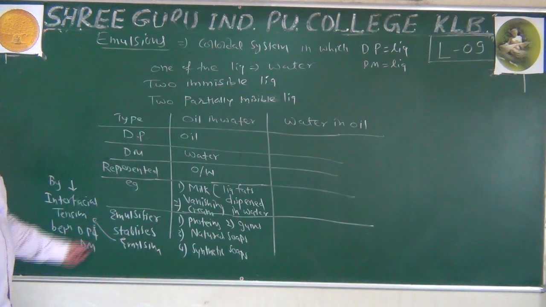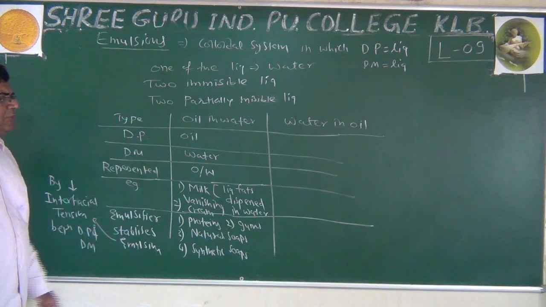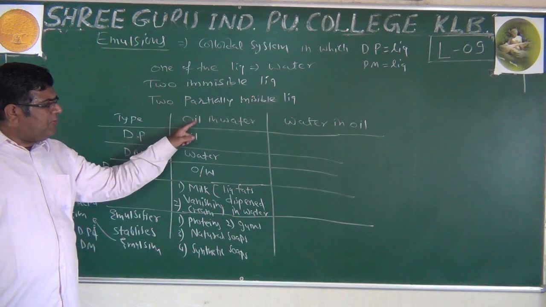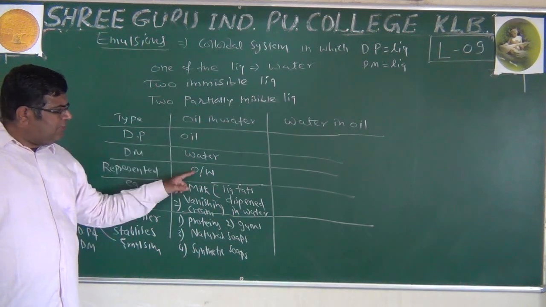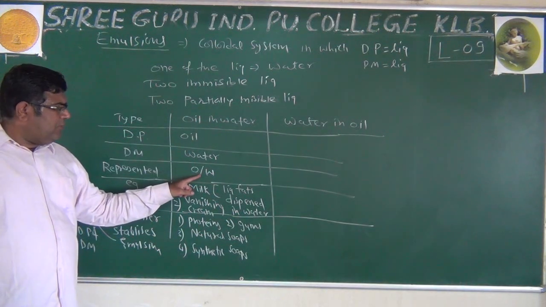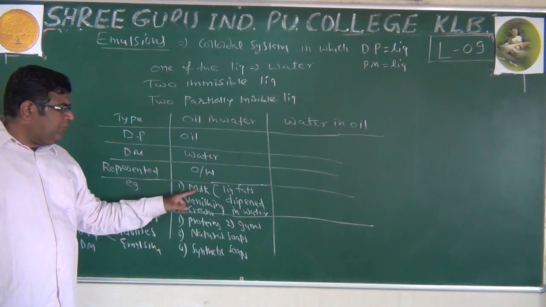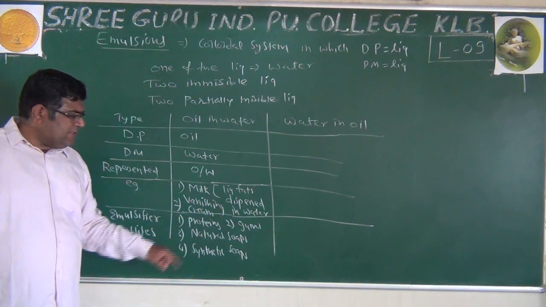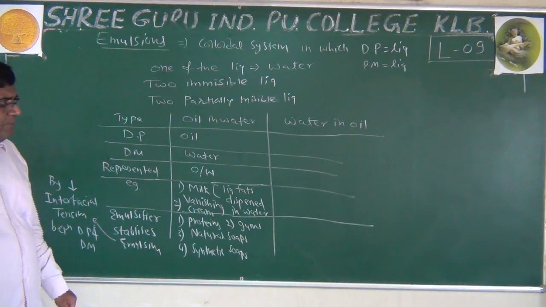So these are all the points regarding oil in water. The dispersed phase is oil, the dispersion medium is water, oil particles dispersed in water, representation is O/W. Milk and vanishing cream are examples. Emulsifiers are proteins, gums, natural soaps and synthetic soaps.